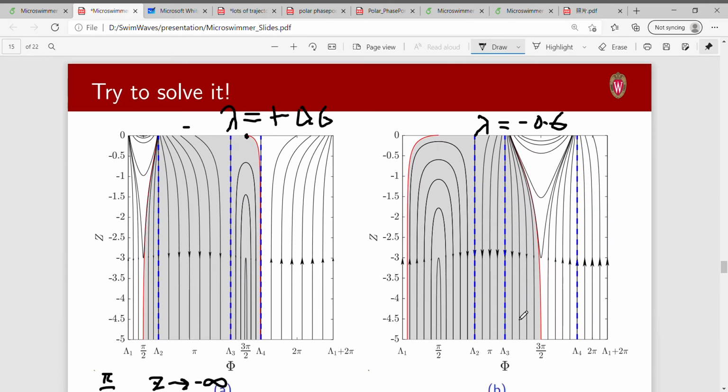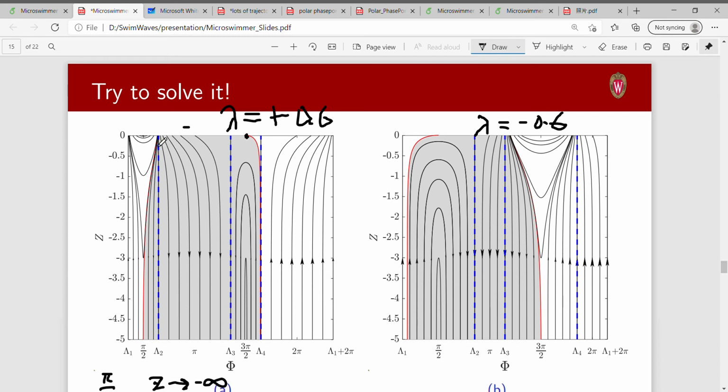So next, of course, we want to solve this, right? Because we want to predict whether the microswimmer will swim back to the surface or not. Okay. So let's try to look deeper into the graph. We can see that there is a separatrix between the trajectories.